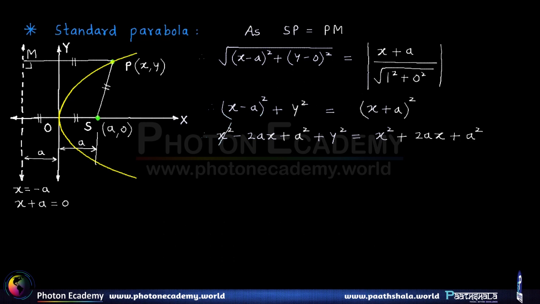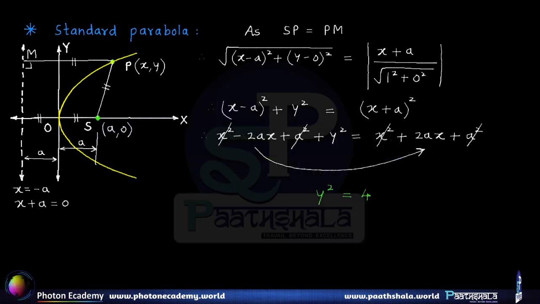So we see that the x square term gets cancelled and so is the a square term, and taking minus 2ax to the other side and merging, we get the final equation as y square is equal to 4ax.